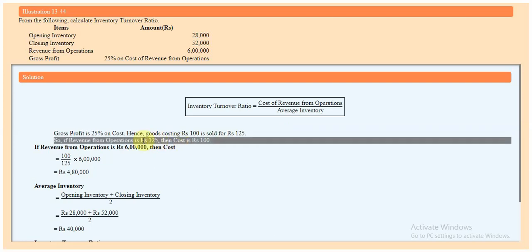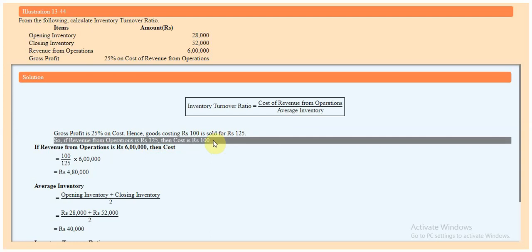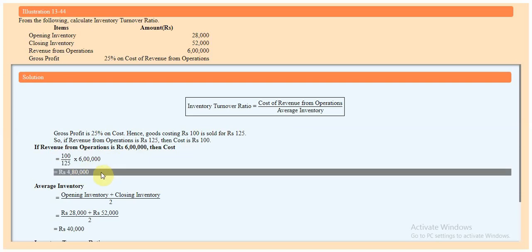So if the revenue from operations is 125 rupees, then cost is 100 rupees. If the revenue from operations is 6 lakh, what is the cost of revenue from operations? That is what we are finding out. We will get an amount of 4,80,000 rupees.